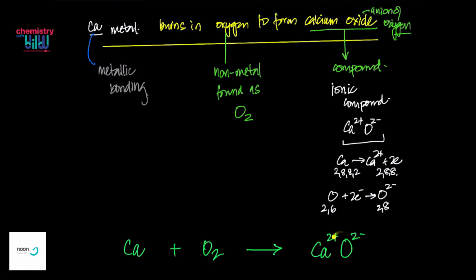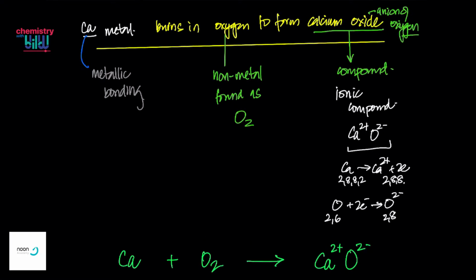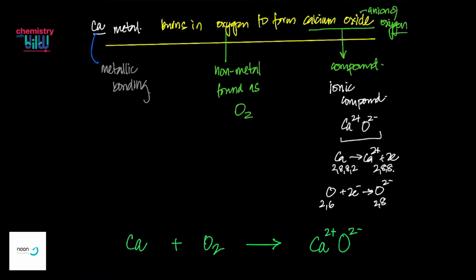But because the charges are equal, it's overall neutral anyway. Shazeb, half equations we're going to look at when we do redox. I'm not going to look at them right now. I'm looking only at full equations. I'm writing a full equation here. All right?